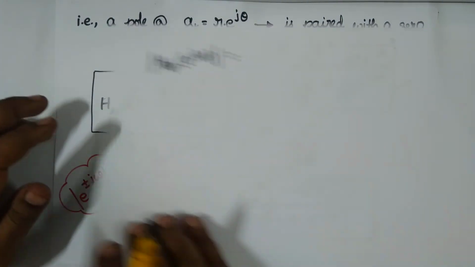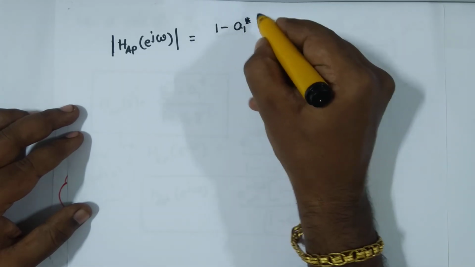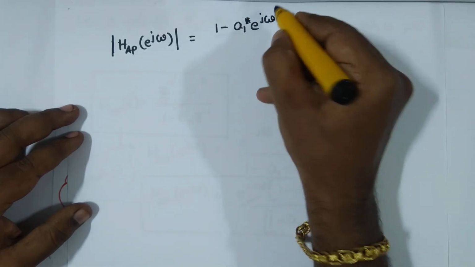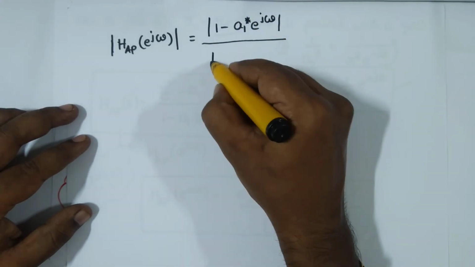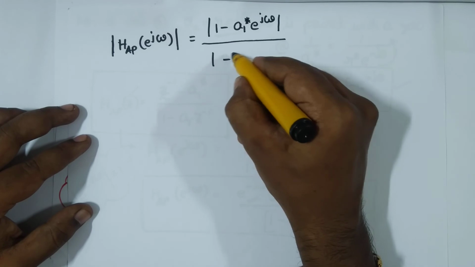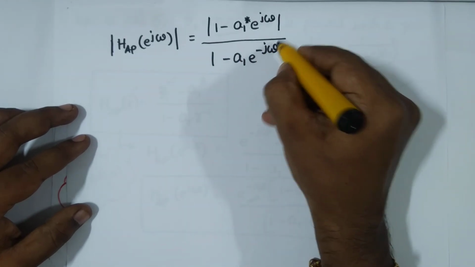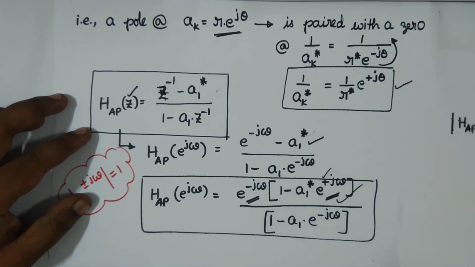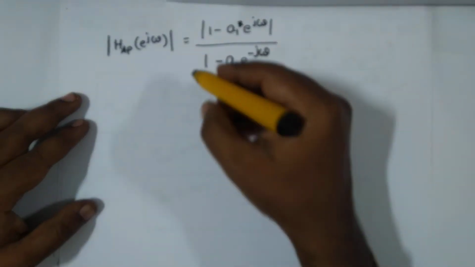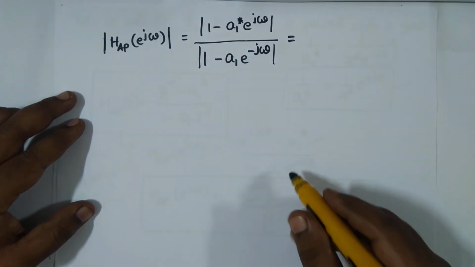This one: 1 minus a1 conjugate e power j omega magnitude, divided by 1 minus a1 e power minus j omega. Here we have positive j omega, here we have negative j omega. So take their magnitude. Now what is the value for this?